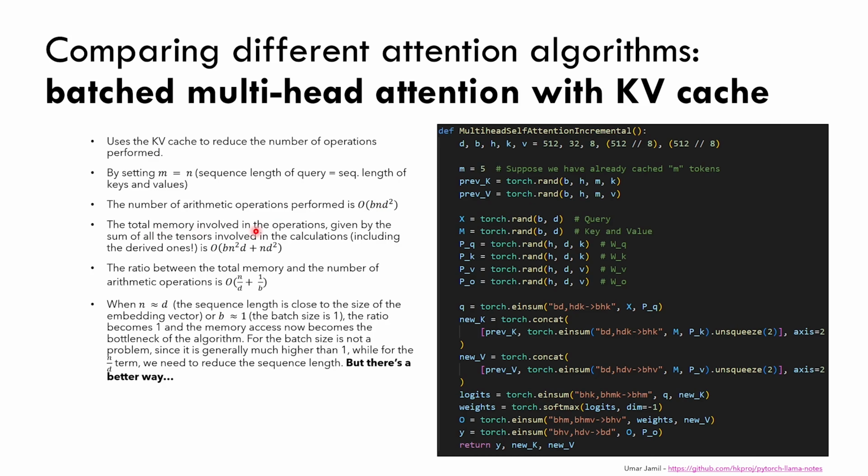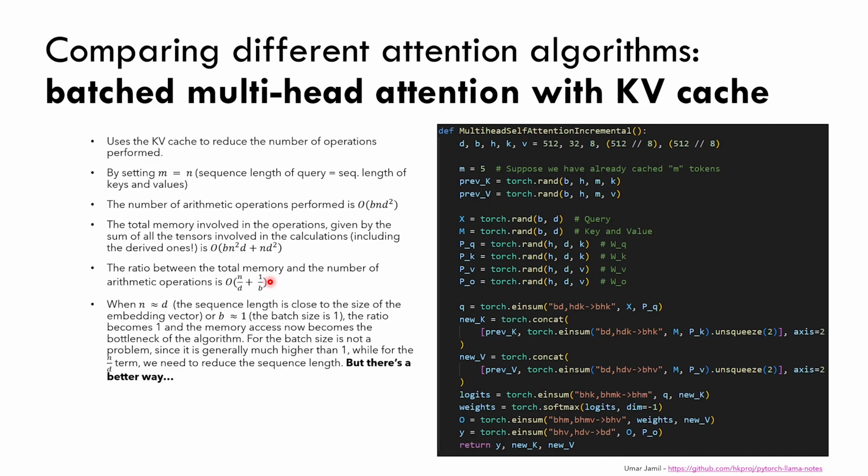The total memory involved in the operation is b n squared d plus n d squared, and the ratio between the two, the ratio between the total memory and the number of arithmetic operations, is O of n divided by d plus 1 divided by b. This means that when n is very similar to d, this ratio will become 1, or when b is very similar to 1, in the limit, so the batch size is 1, this ratio will become 1.